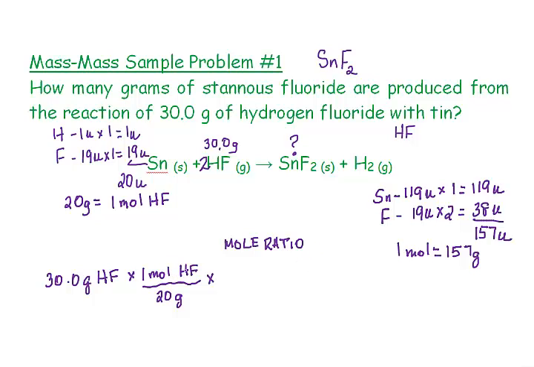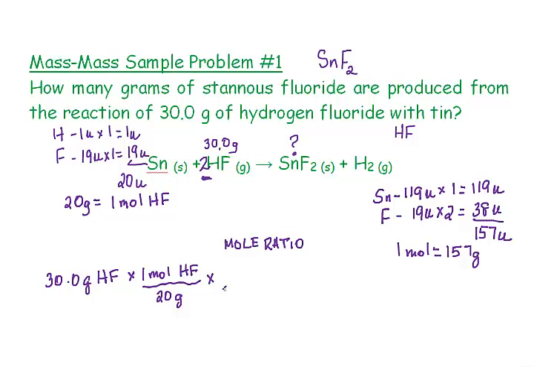We've got moles of hydrogen fluoride here. What the mole ratio does is allow us to get from moles of the starting material, hydrogen fluoride, to the moles of the material we want to end up with, in this case stannous fluoride. So what's the ratio? I've got 2 moles based on the coefficient right there.